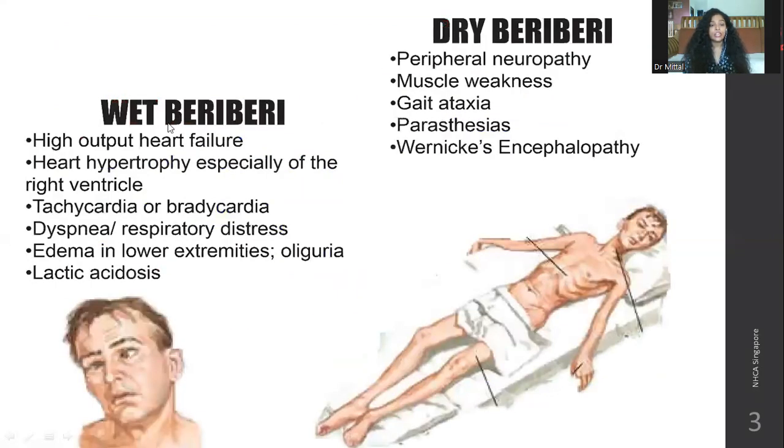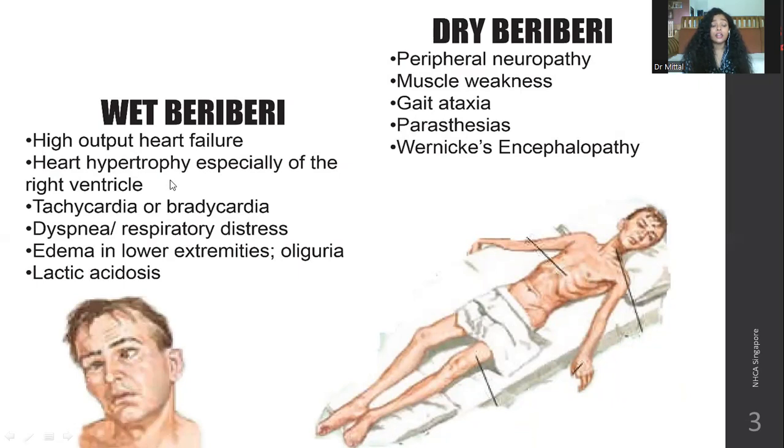Next we have wet beriberi and dry beriberi, common in adults. In wet beriberi, a complete body edema will be noticed. High cardiac output, heart failure, because the entire body is edematous. There is a lot of fluid volume accumulated in the body, in the circulation as well as in the interstitial spaces.